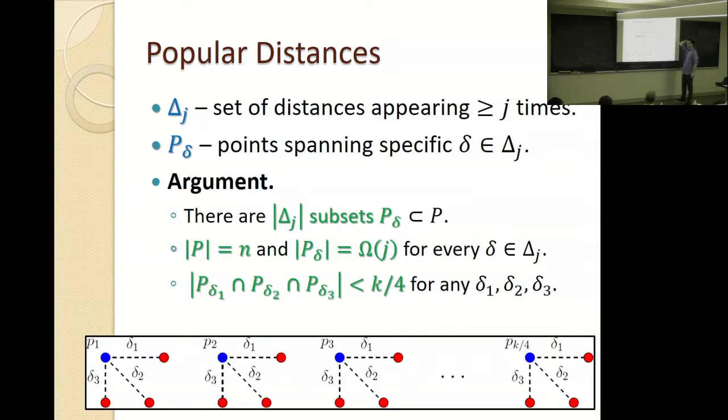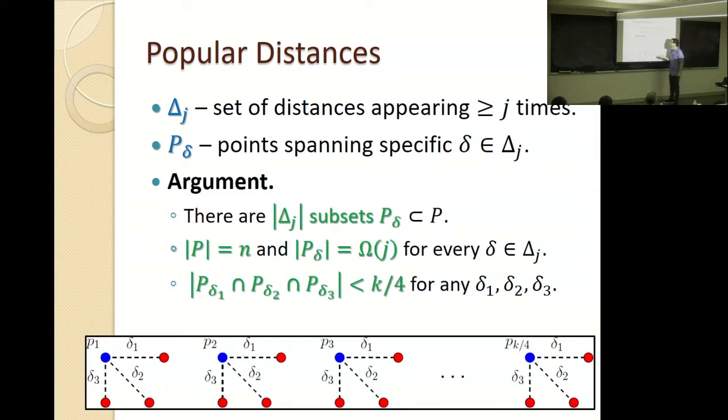Now, it's large because we're looking at popular distances, right? All the distances are popular, so it's a large subset. We have a set of endpoints and a lot of large subsets of points, and we just said every three subsets cannot have a large intersection. That was a forbidden configuration. So we got a set intersection problem.